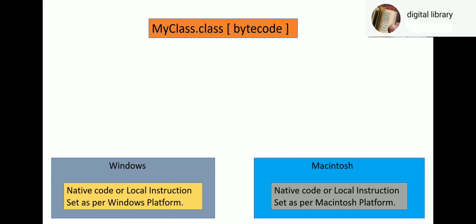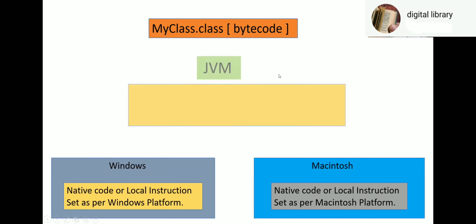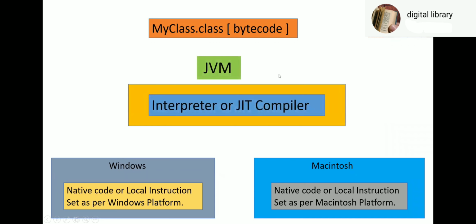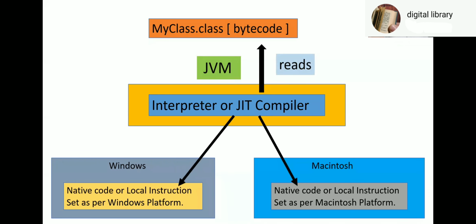But for that, someone has to convert this bytecode to Windows native code or Macintosh native code. Who does that job? JVM, in particular the execution engine, in particular the interpreter or JIT compiler. So the interpreter or JIT compiler takes the bytecode and converts it to native code or local instructions. That is the main role of interpreter and JIT compiler inside execution engine.